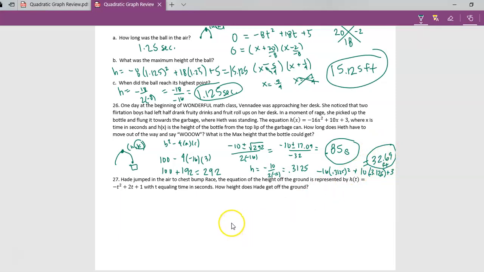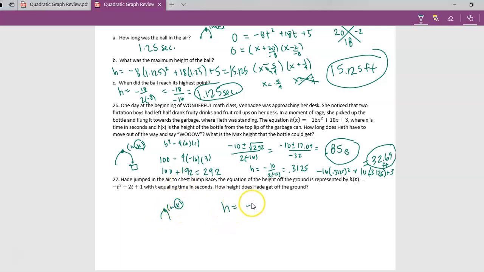Okay, so 27, Heth jumped in the air to chest bump Race. The equation of the height off the ground is represented by this equation. t is time in seconds. How high does he get off the ground? So again, that'd be the max height. So we're looking for the vertex. We're looking for the k value of the vertex.